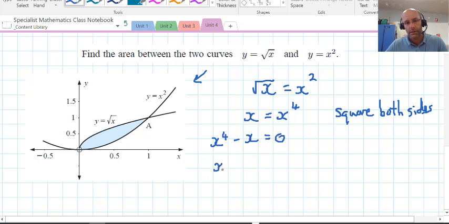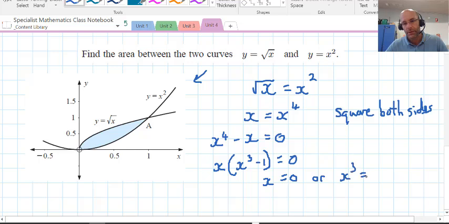We can factorize that. We can take a factor of x outside: x times (x cubed minus 1) equals 0. By the null factor law, x equals 0, or if x cubed minus 1 equals 0, then x cubed equals 1, so x equals 1.